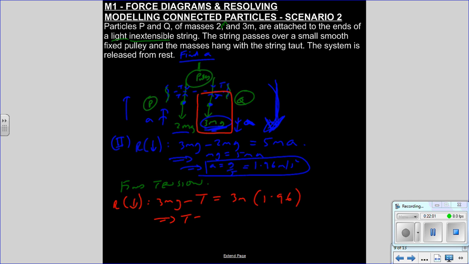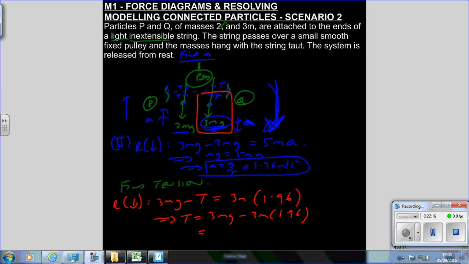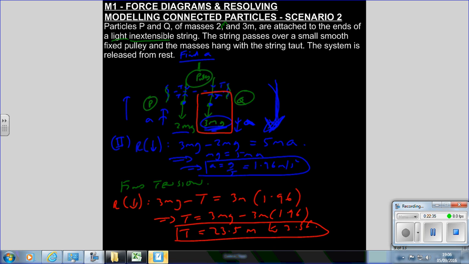So T equals 3mg minus 3m times 1.96, which is 3 times 9.8 minus 3 times 1.96, so 23.5 m to 3sf. Okay.